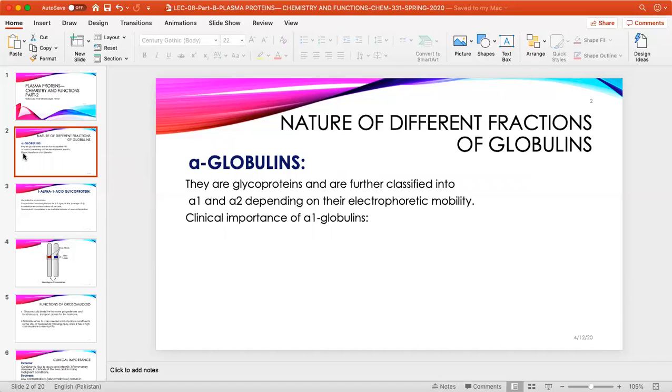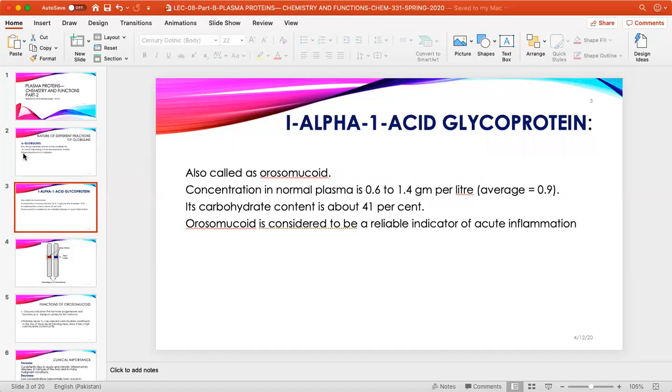These are known as glycoproteins, and they are further classified into alpha 1 and alpha 2 depending on the electrophoretic mobility. Clinically, alpha 1 globulins are very important. The first kind is known as alpha 1 acid glycoprotein, which is also called orosomucoid.